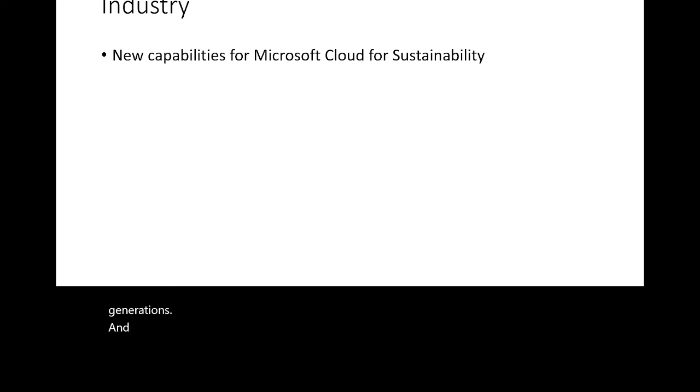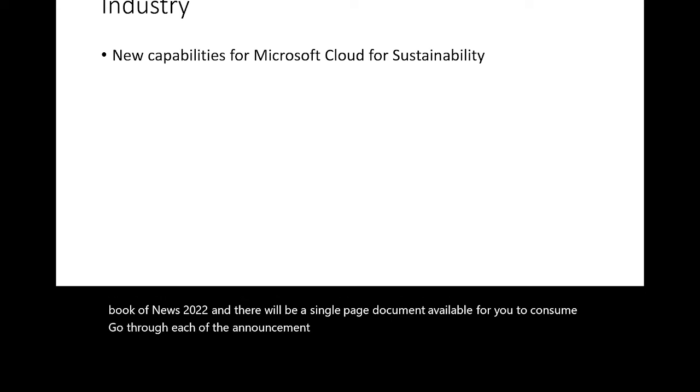And as I said again, this is just a small portion of Ignite announcements. Please look for Ignite Book of News 2022, and there will be a single page document available for you to consume. Go through each of the announcements which makes sense to you. I haven't covered a lot of areas like Power Platform, Dynamics, Office 365, and all those things.